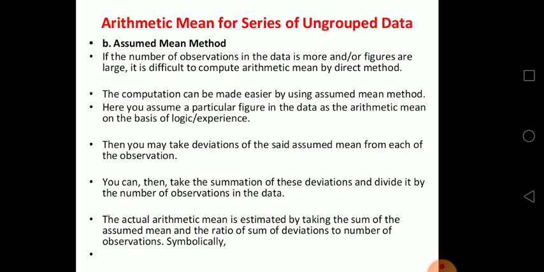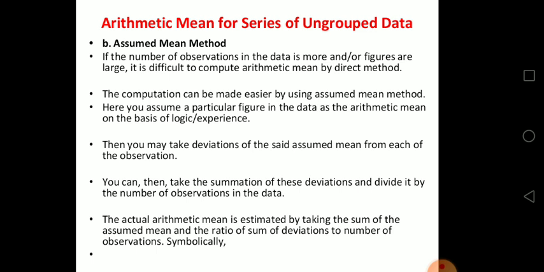Now, why do we have to use the assumed mean method? If the number of observations in the data is more, it is very difficult to compute arithmetic mean by the direct method.